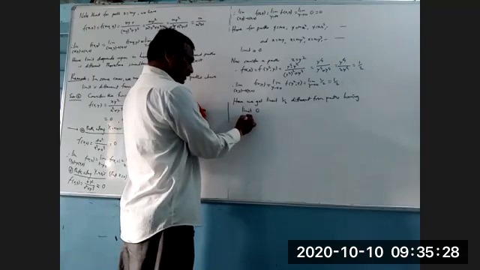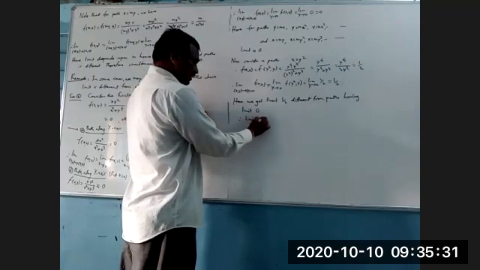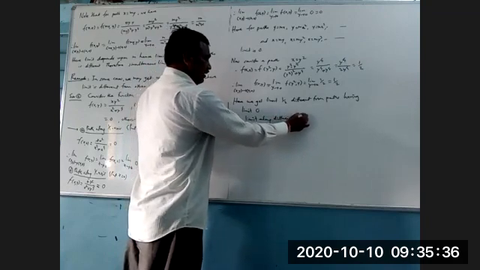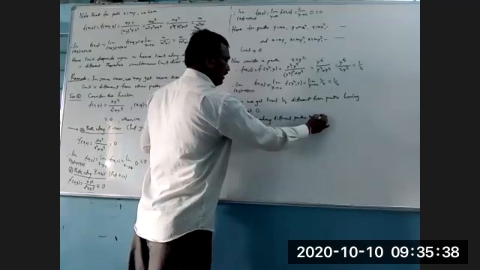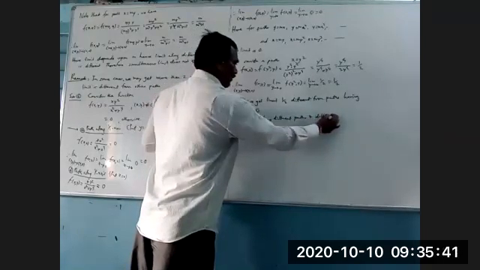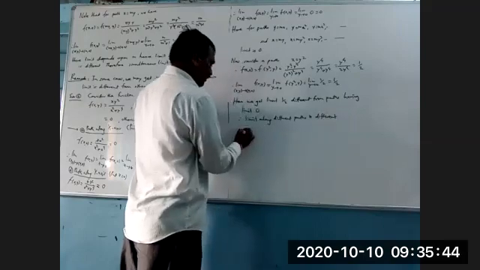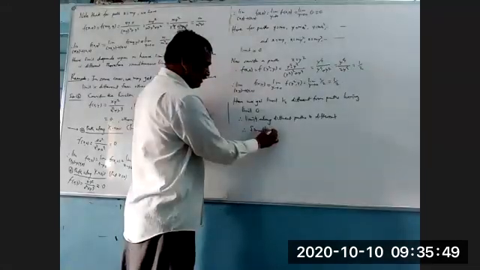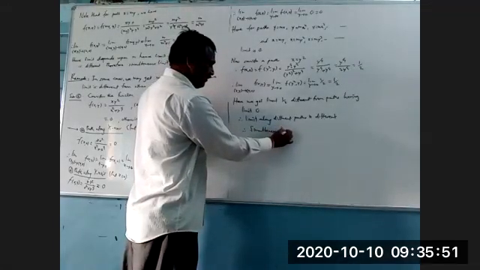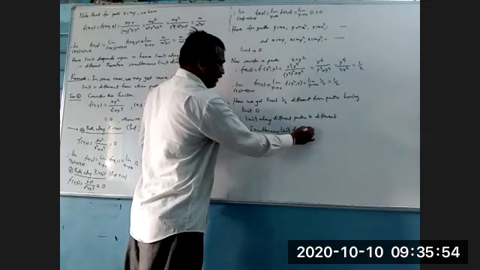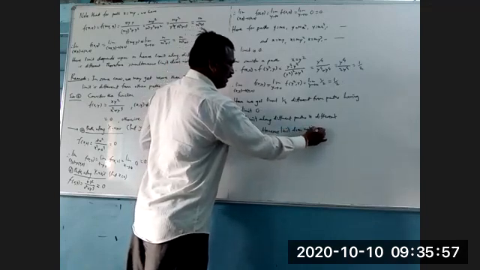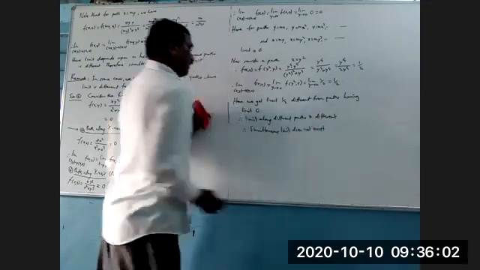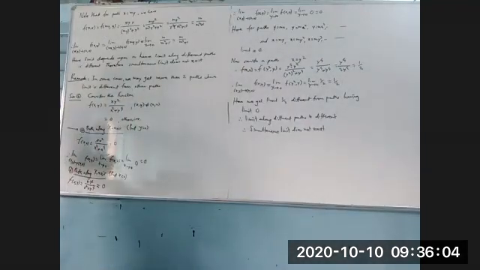Therefore, we can say the limit along different paths is different. And therefore, we can say that the simultaneous limit does not exist. See here, for this function, the simultaneous limit does not exist.